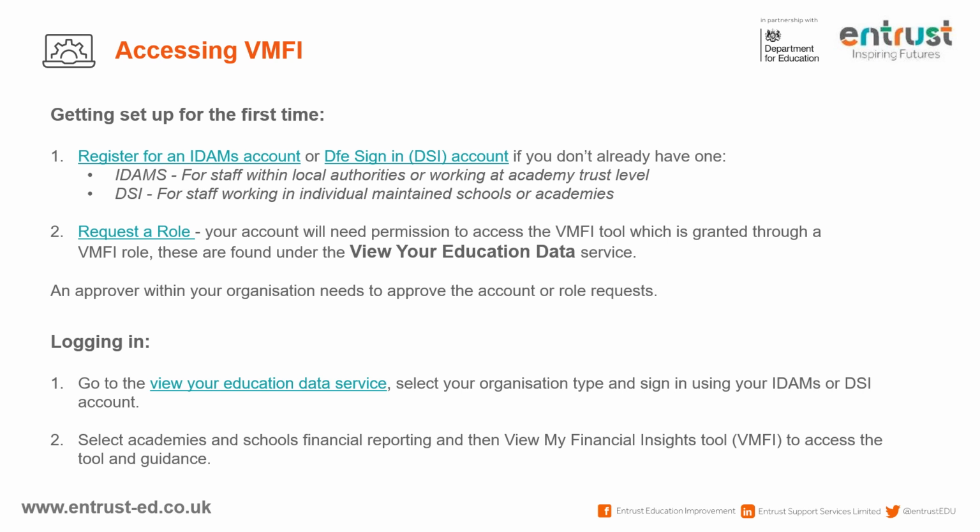In DFE Sign-In, if they are already linked to their organisation, they can find out who their approver is at the location shown in the screenshot. Now that you have an account to log in, users need to navigate to the View Your Education Data service site and sign in using the IDAMS account or DFE sign-in.